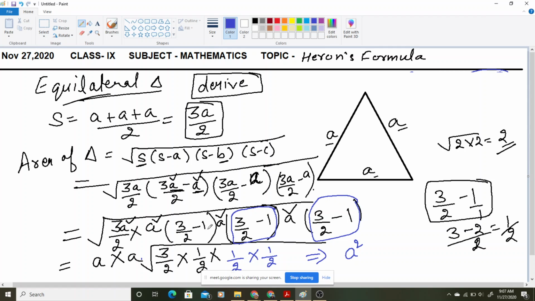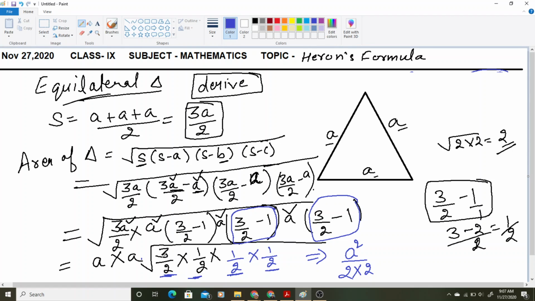Then now we will be taking terms outside the root. See, these two and these two are making pairs. Out of these two I am taking 1, 2. Then these two and these two are making pairs. So out of these two I am taking 1, 2. Then 3 1 goes, 3 1 goes, 3. So above, we are having multiplication.